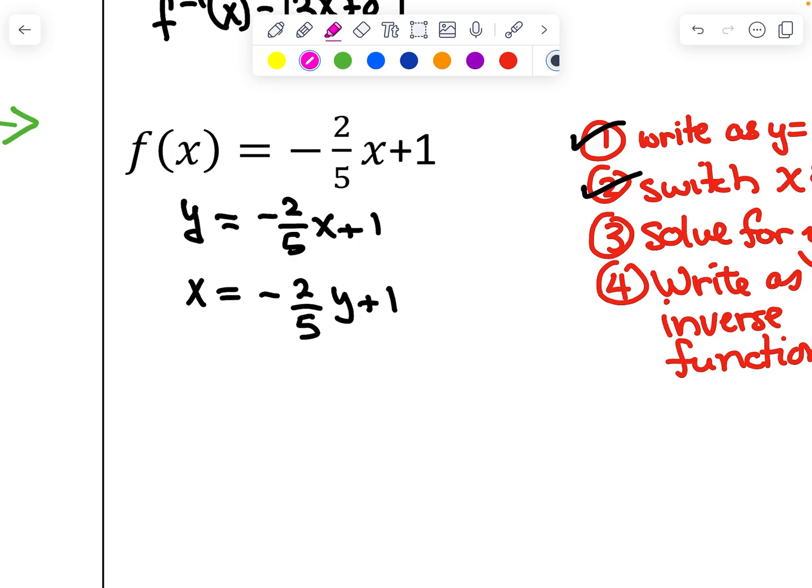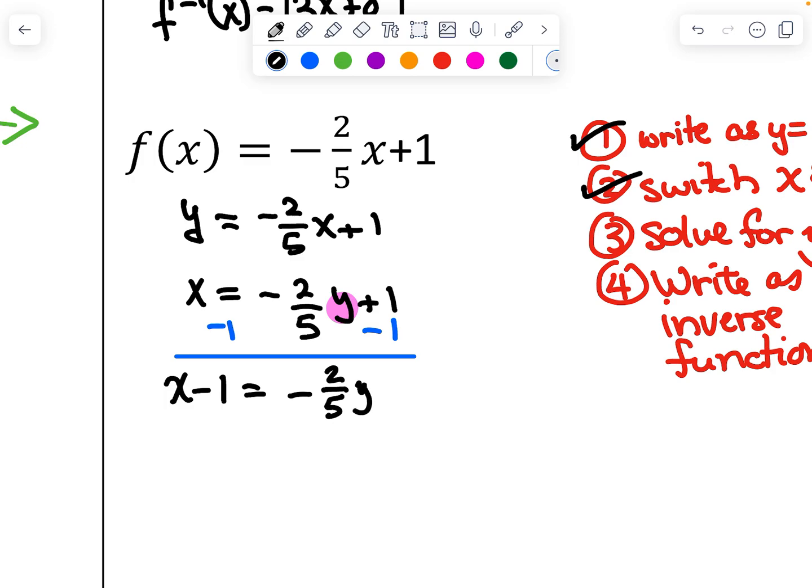Now we want to get y isolated. To get this by itself, the first thing that has to go is the 1. So we move the 1, and we have x minus 1 is equal to the negative 2/5 y.